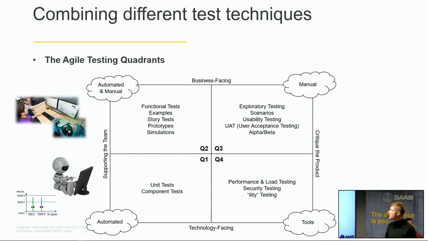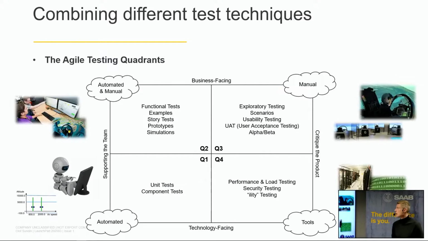Then it's about how we then test, how we combine different test techniques, which is then here illustrated by the agile testing quadrants. And I think it's quite a good illustration of how you need to combine different test techniques.